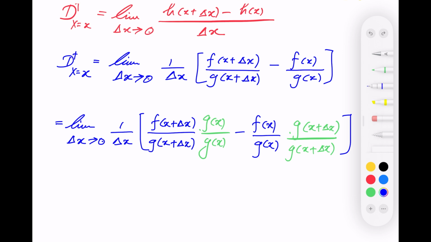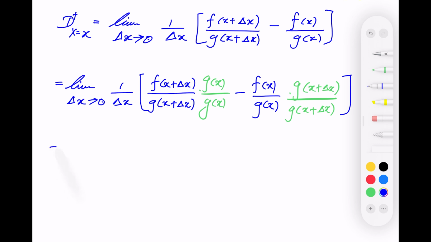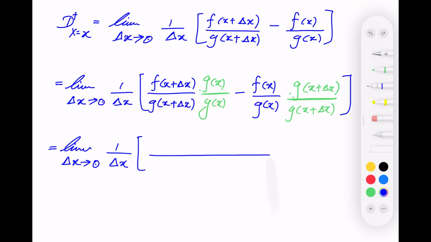Simple college algebra. Now all of this is equal to the limit as delta x approaches 0, 1 over delta x, open brackets. Let me write down this common denominator as just one denominator for all of these. Here's that denominator, g of x plus delta x times g of x.